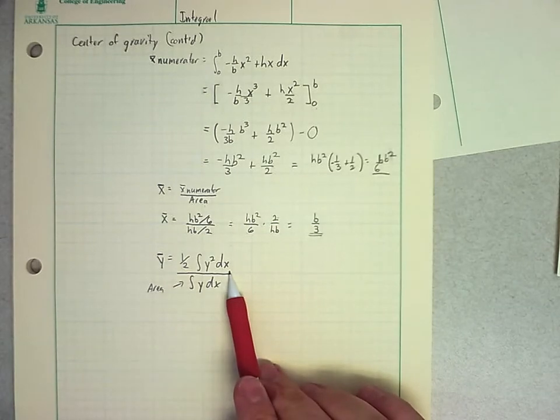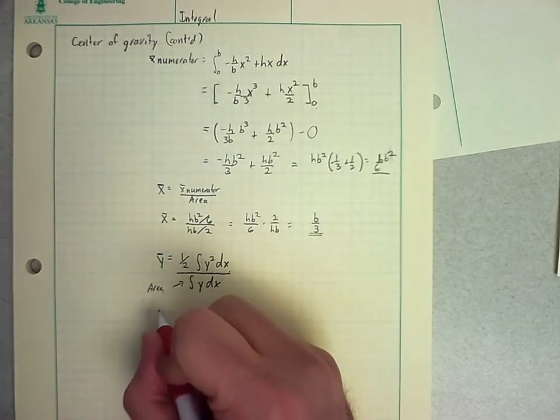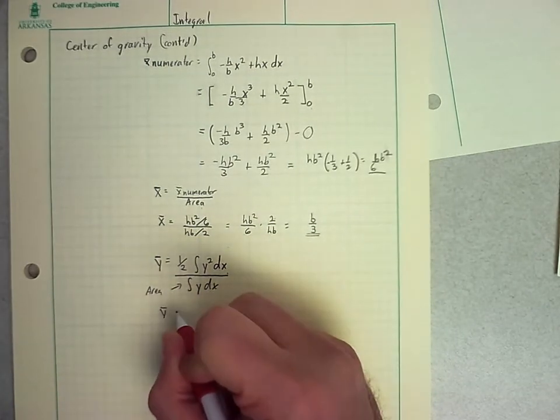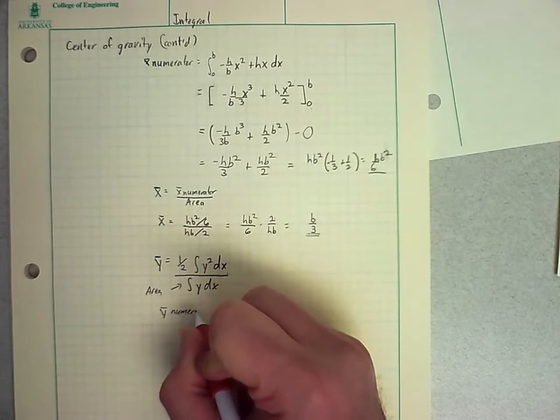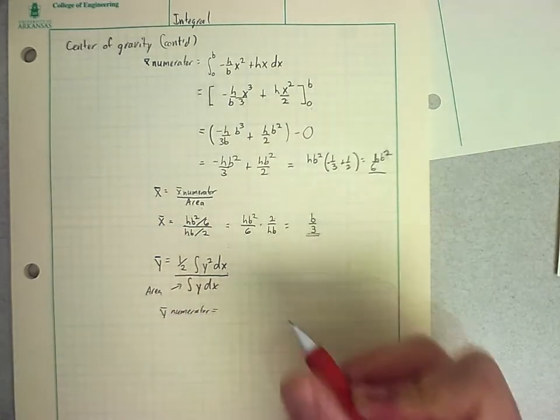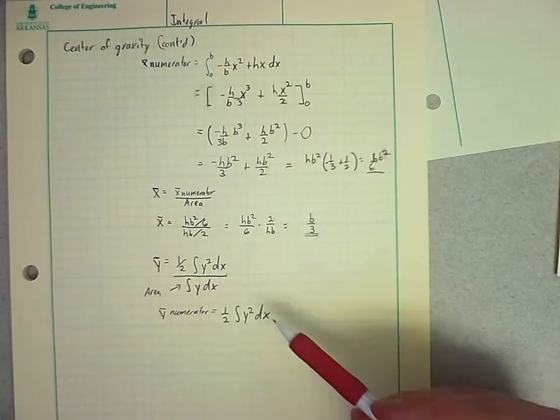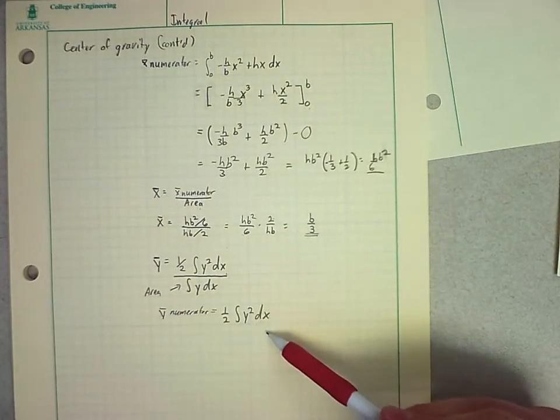But we haven't solved that part yet. So y bar, the numerator, is 1/2 the integral of y squared dx.